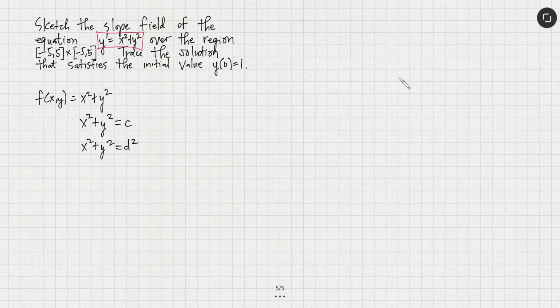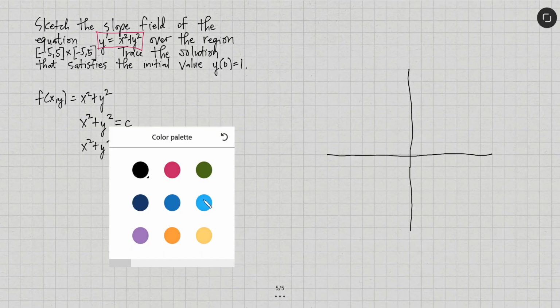Mukhang hindi rin maayos gumamit ng ruler na ilalagay mo over a pen tablet. Okay, let's just accept the fact that if we are sketching a slope field manually, rough sketch lang talaga yung makukuha natin.